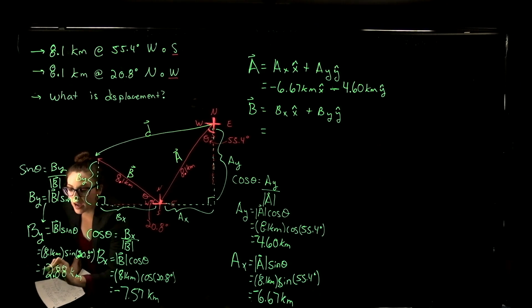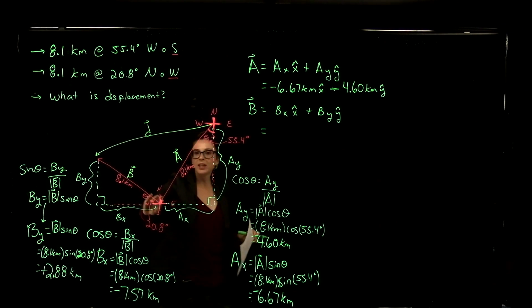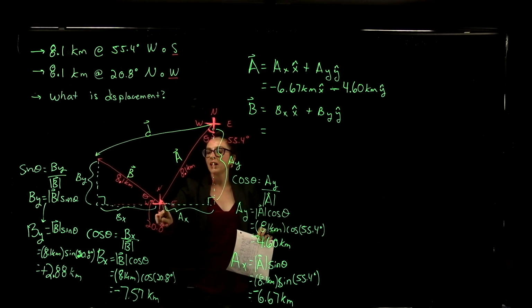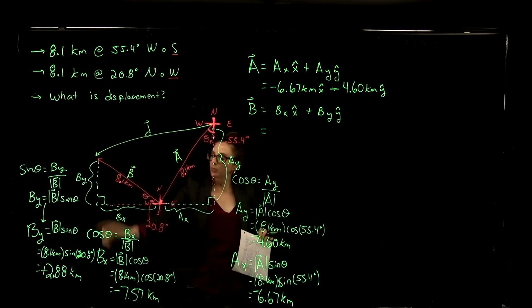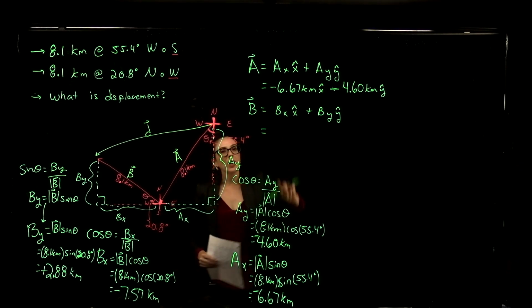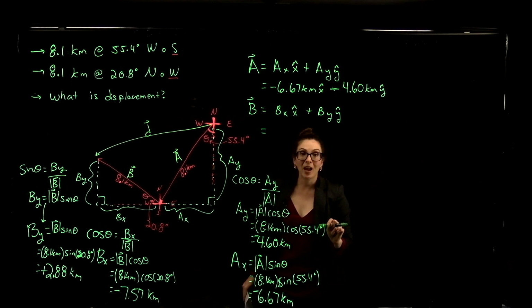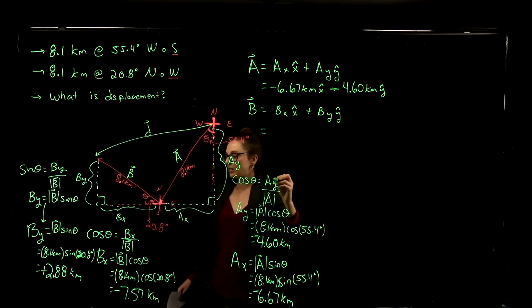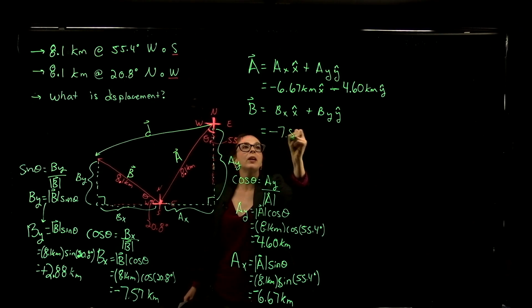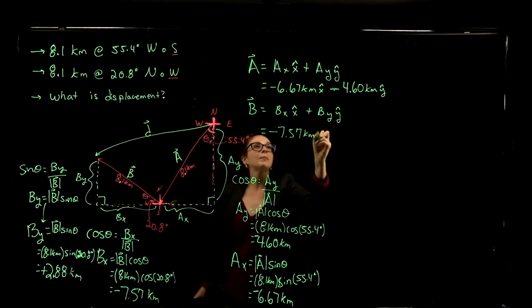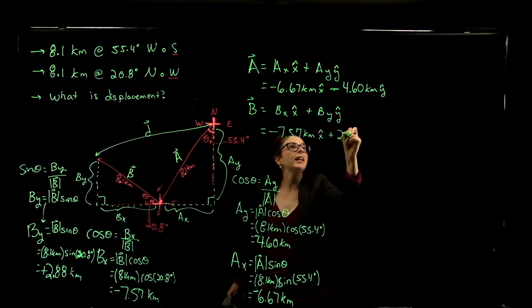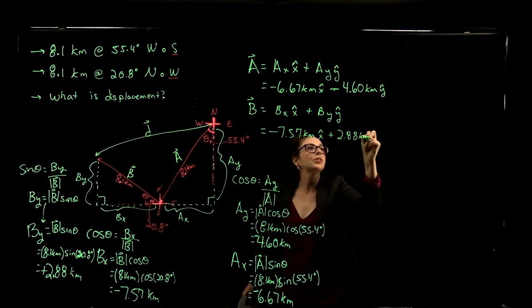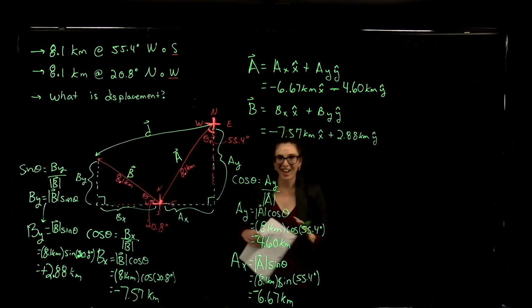Okay. By, though, is positive. So we are thinking about the way in which we drew our vector. The x component was negative, this direction, but the y component is positive, moving up, so it gets a positive value. So I come over here and I fill in my b vector. Bx was minus 7.57 kilometers, x hat, plus by, 2.88 kilometers, y hat. Okay?